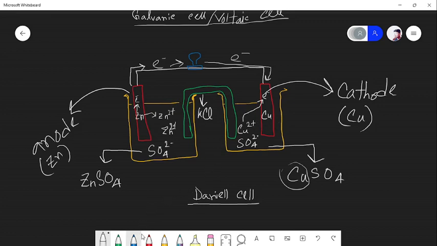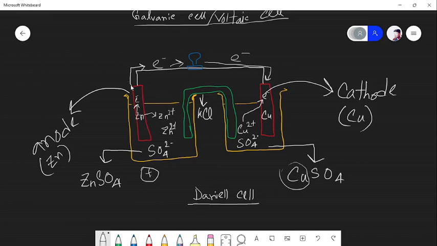Now, why do we need the salt bridge? If the salt bridge was not there, this reaction would not last more than 5 minutes. So, notice that in this solution, the number of zinc ions compared to the number of sulfate ions is increasing. So this solution is becoming more positive, right?